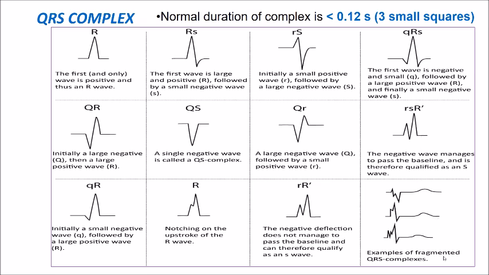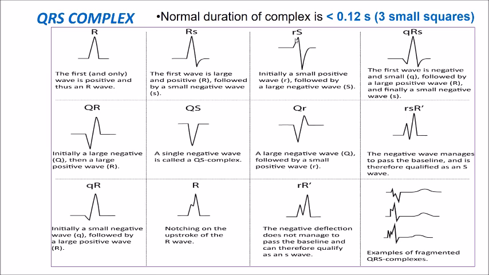This is a very important QRS observation for evaluation of a block, especially left bundle branch block. Somewhere you can find an M pattern. If it is the reverse, it will be a W pattern. Many patterns are there.